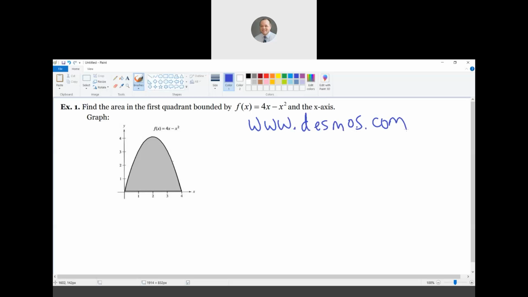Now, according to the graph, our function starts at 0 and it ends at 4. So those are our limits of integration, going from 0 to 4. And our f of x is 4x minus x squared.